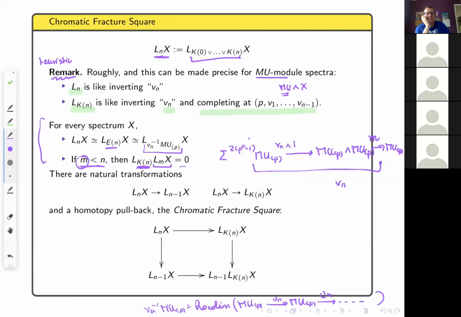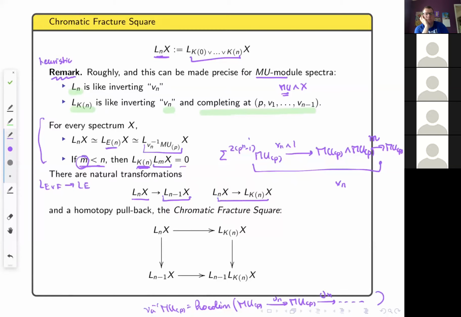So in lecture 1, I gave an exercise. It looked like there's natural transformations like so, okay? And so in this example, it gives us natural transformations from Ln of X to Ln minus 1 of X, because Ln minus 1 is localizing at a wedge sum of what you localize for Ln.